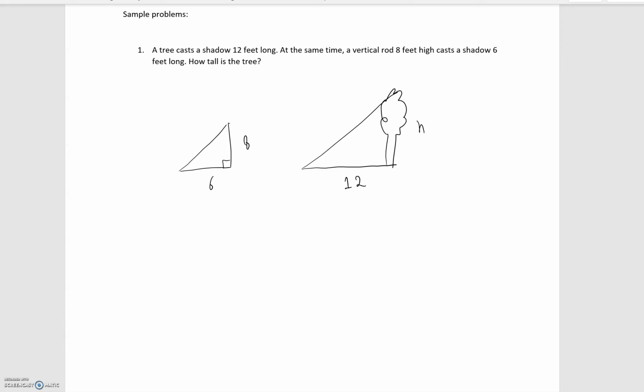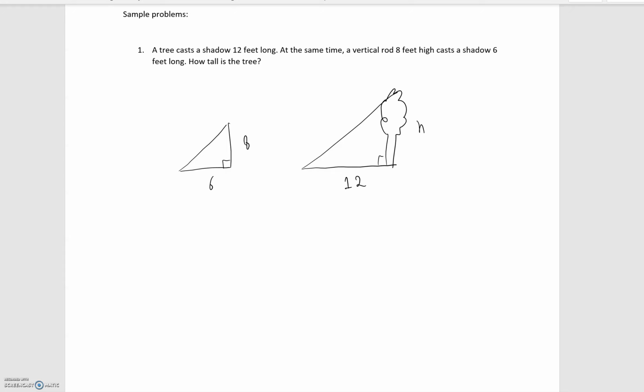So these two triangles that are drawn here for this word problem are going to be right triangles. Right triangles are similar triangles. What is the important fact of similar triangles that you need to remember?